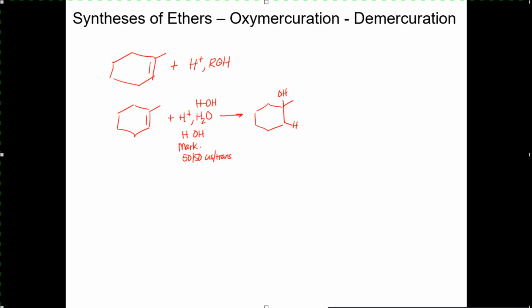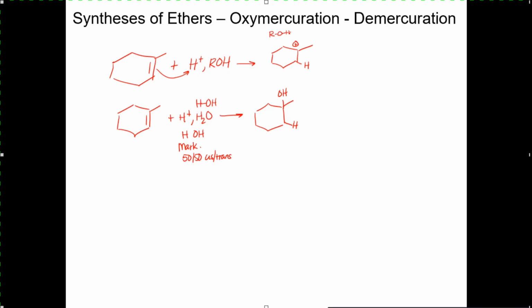So in this case, what would happen? We would take our double bond and add H plus to it. Which carbon would we add to? The carbon with the most hydrogens.